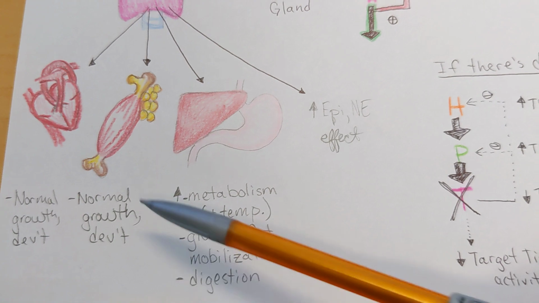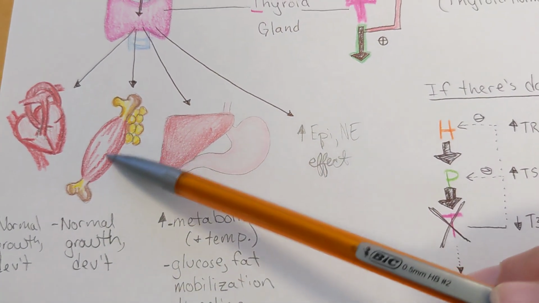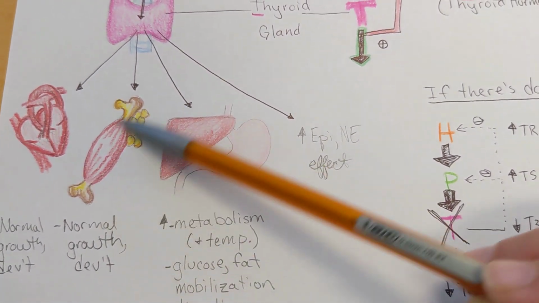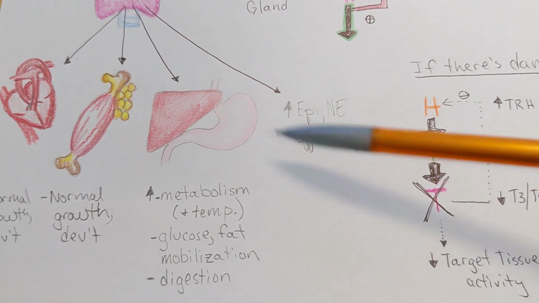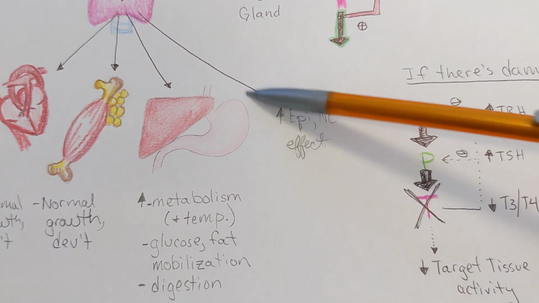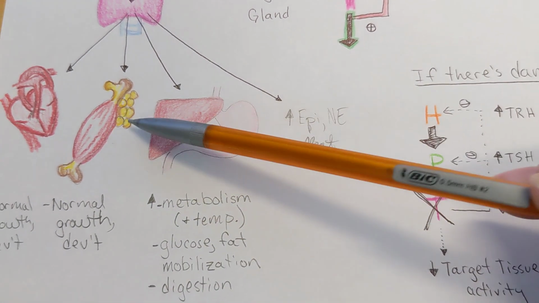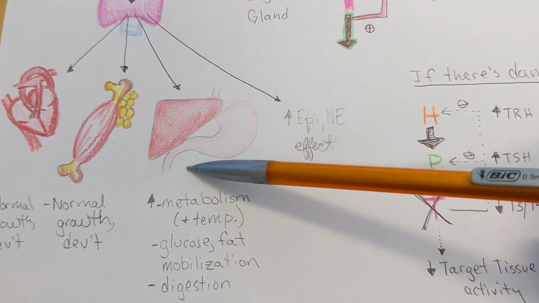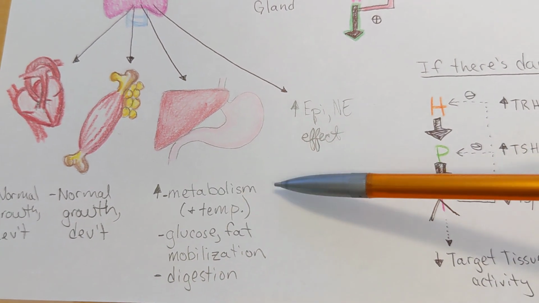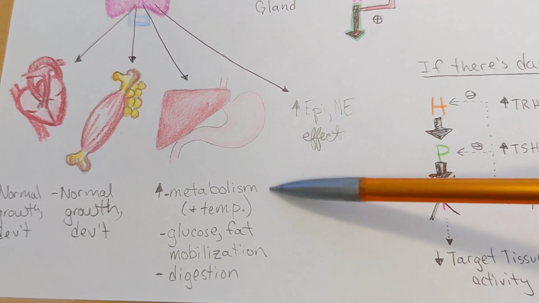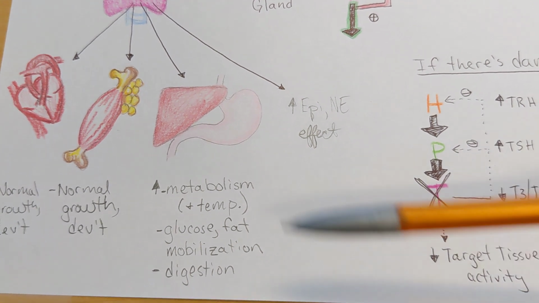Normal metabolism, normal growth and development of muscles, bones. And even when you are done growing and developing, thyroid hormones have a huge effect on your digestive system and metabolism. And so thyroid hormones generally increase metabolism as reflected in the basal metabolic rate.